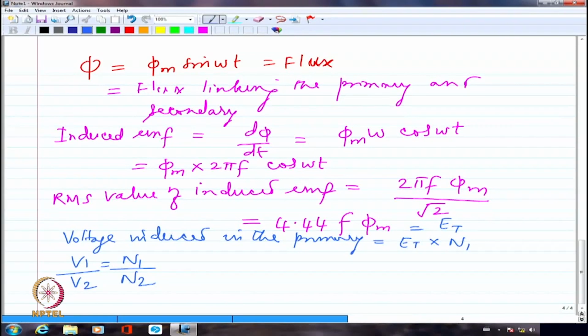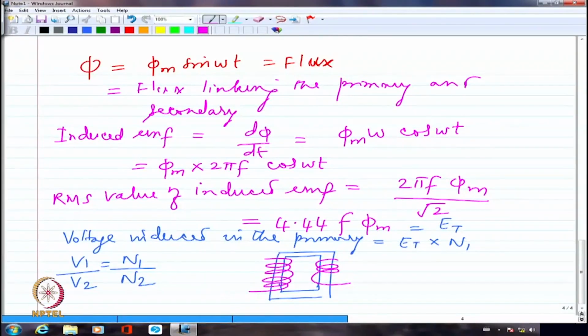So let us now look at what happens when a transformer is connected to a load. Let me first represent a transformer on no load condition. This is my core, and I am showing as though primary is wound here and secondary is wound here, right?